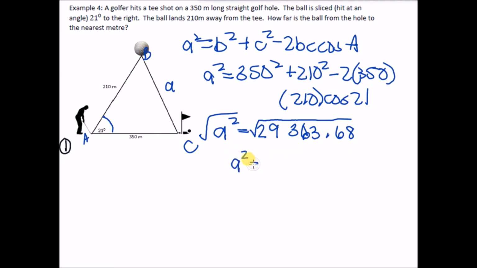So now we have A, because we're rooting it already, is 171 meters. Okay, so then we can say, therefore, move this down, put it in black. Therefore, the ball is 171 meters from the tee. All right, and that's it.